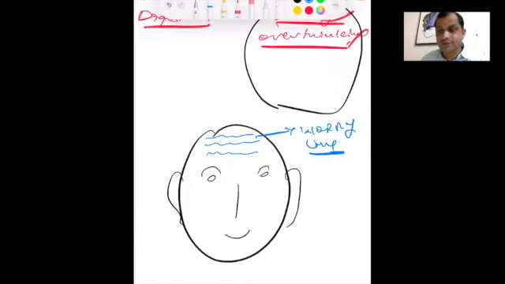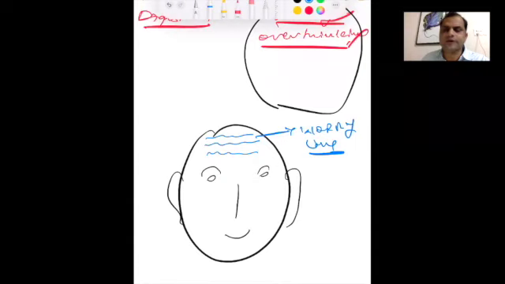Many persons I have seen, even in my college, I have seen one of my friends developed worry lines in college when he was only 23 or 24 years old. And nowadays I see in the clinic many young persons coming with worry lines because they are overthinking.